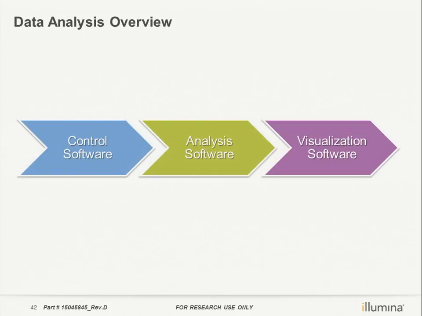So finally, data analysis. We'll have a detailed session tomorrow morning, but briefly, we have a control software, NextSeq Control Software or NCS, and bound together with the NCS, we have an analysis software called RTA, Real-Time Analysis. These two software actually work together. Once the NextSeq Control Software starts the sequencing, the RTA starts to work.